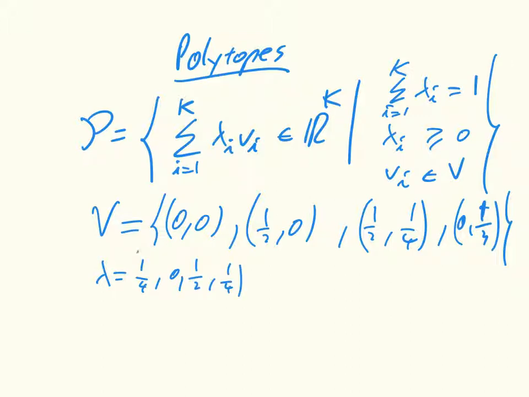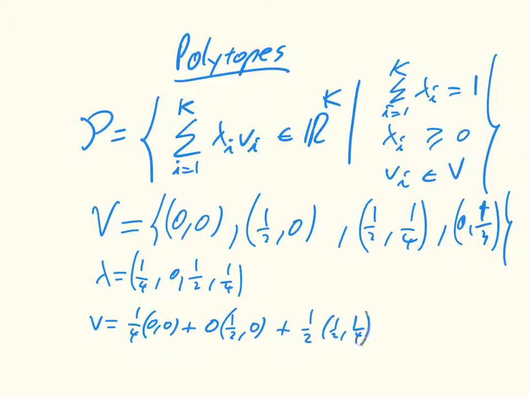So as an example, if I took lambda to be a quarter, 0, a half, a quarter, then my point v equals a quarter times (0, 0), plus 0 times (a half, 0), plus a half times (a half, a quarter), plus a quarter times (0, a third).